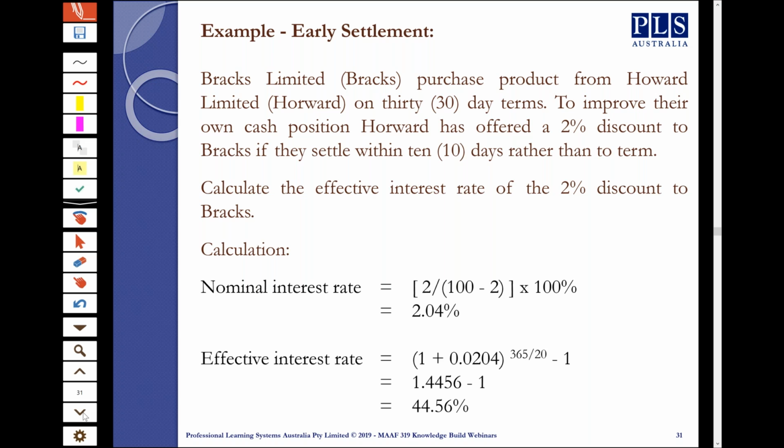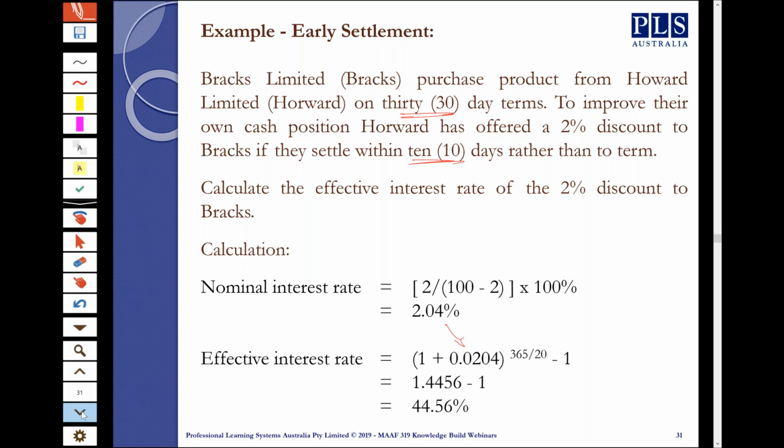Note how, as I'm doing my effective interest rate, I'm dropping that into the calculation: 1 plus 0.0204 to the power of 365 on 20. Now the 20 is the difference between the 30 and the 10. So 1.4456 less 1 gets you 44.56%. So that is how you'd go through that process.